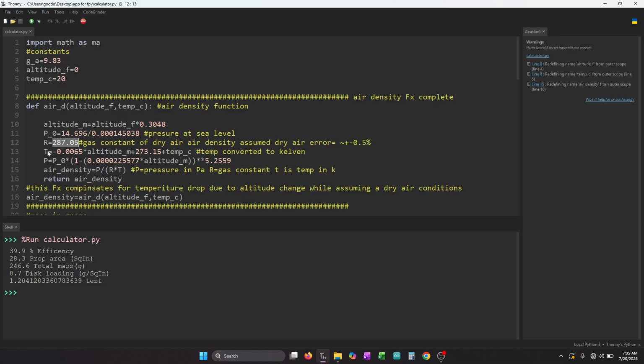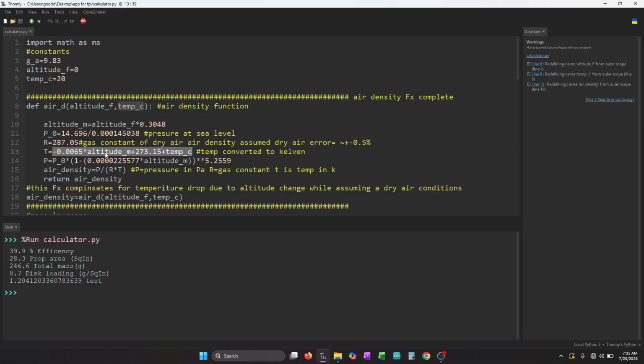And then I used Excel to generate a formula. Technically this was all punched out of an Excel spreadsheet that I made to give me an idea of how the air density would change from sea level all the way up to 10,000 feet.